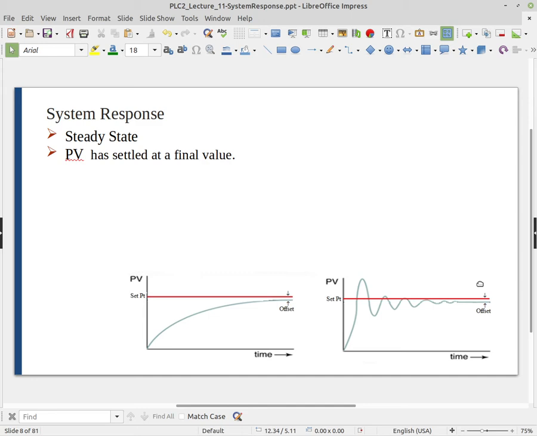One of the big things we look at considering the steady state, once the system's not changing anymore, is: did it reach the set point? The red line here indicates the set point, and in neither of the two cases shown did the blue line, which is actually the process variable, reach our set point. Okay? So that generates what we call a steady state error.